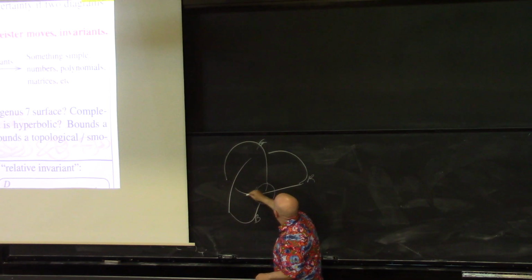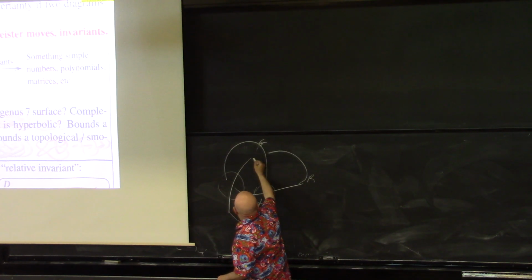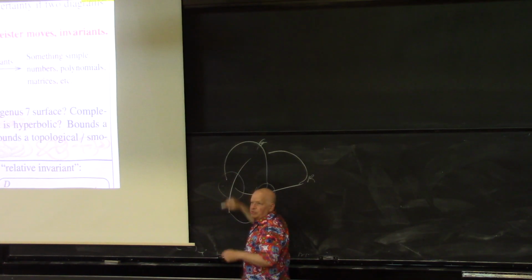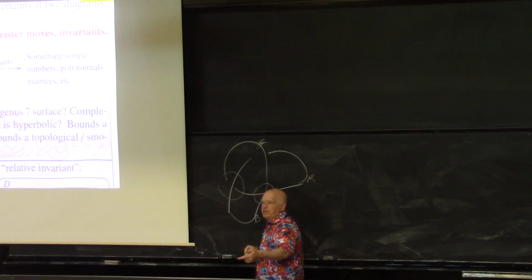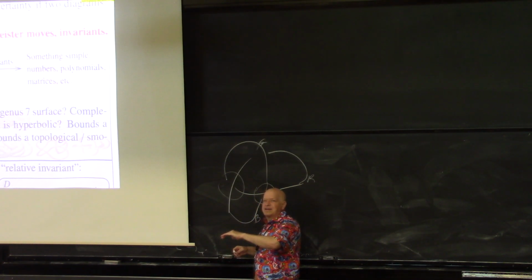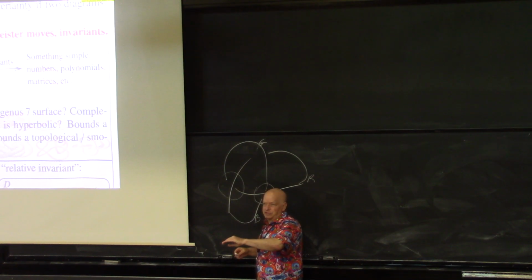So here red appears, green appears, and blue appears. Here also blue appears, red appears, and green appears. So either all 3 colors appear, or only one color appears.